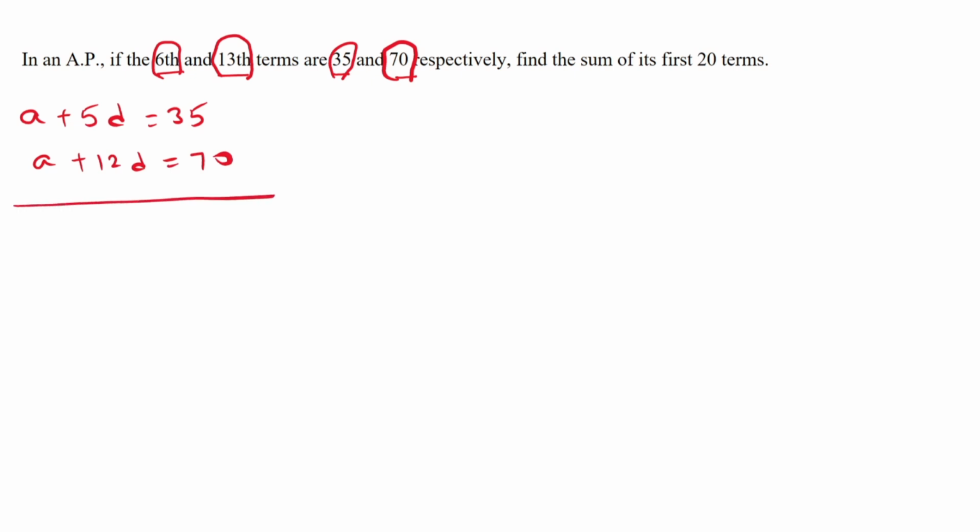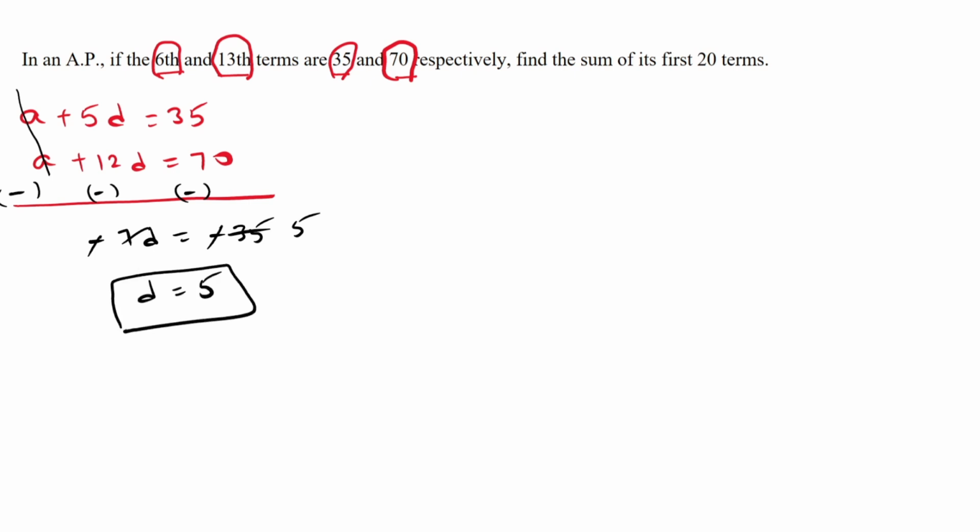These two equations I am subtracting. So a minus a, 5d minus 12d is minus 7d, which equals 35 minus 70, minus 35. Both negatives cancel. 7 fives are 35. So d, the common difference, is 5.